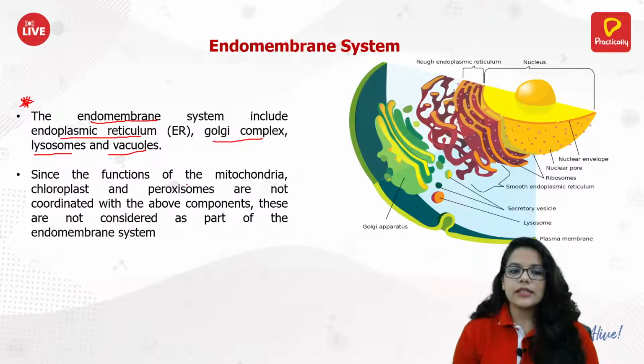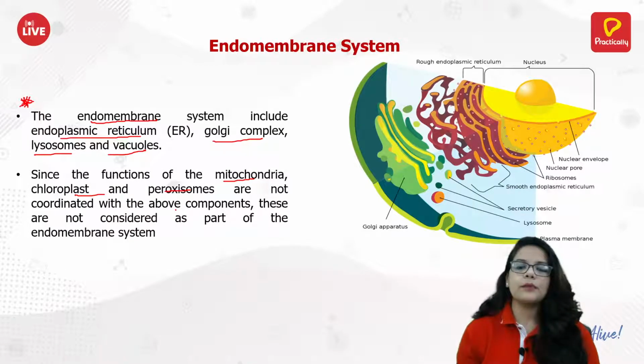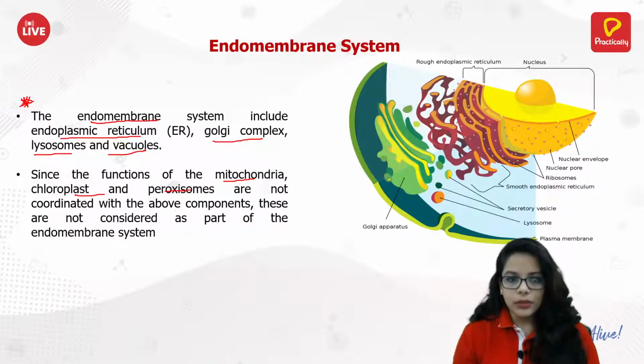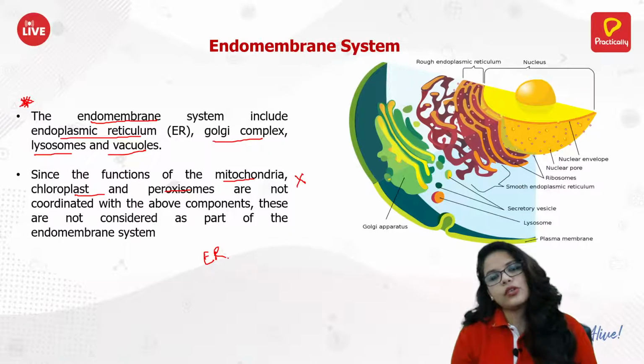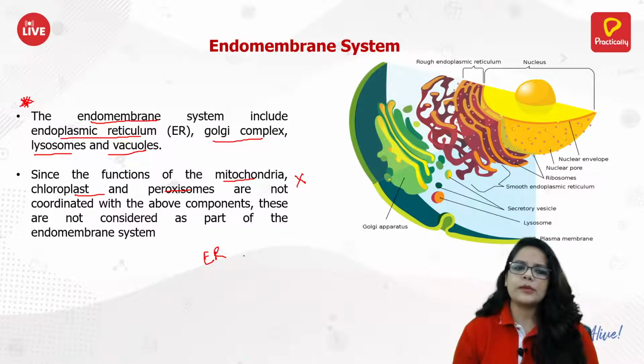Now, what are not there? The functions of mitochondria, chloroplast, peroxisomes are not coordinated. They are not a part of synthesizing molecules and then putting them out. That is why they are not in the endomembrane system. It is just the endoplasmic reticulum, that is ER, which can be smooth endoplasmic reticulum and rough endoplasmic reticulum.